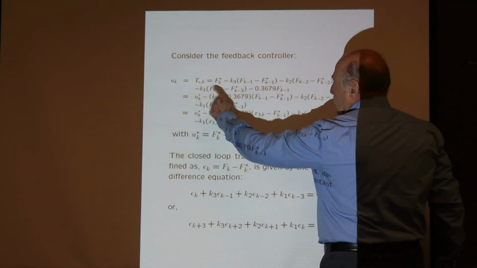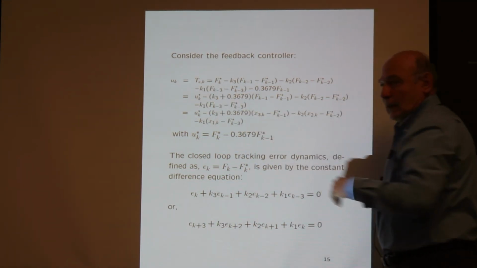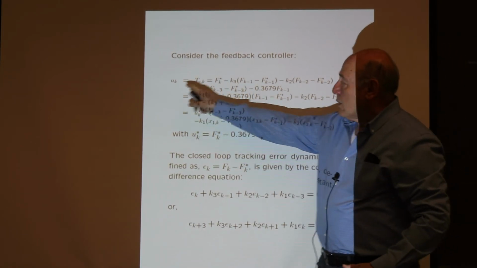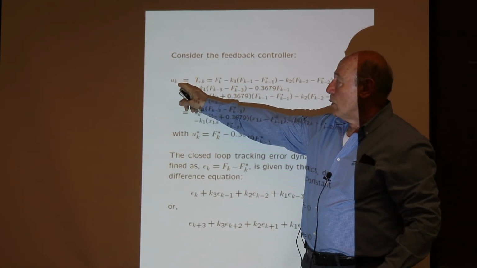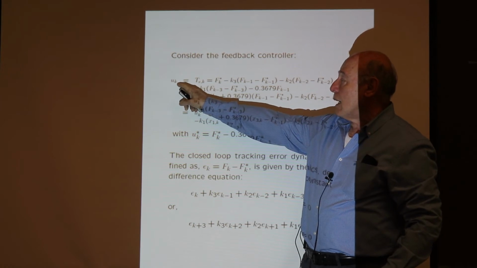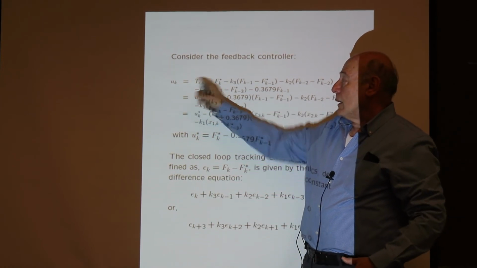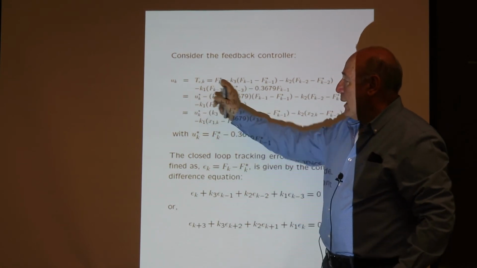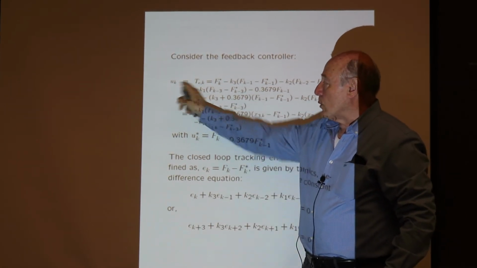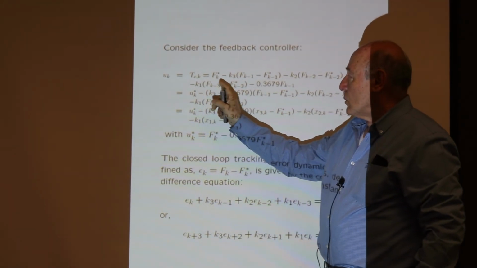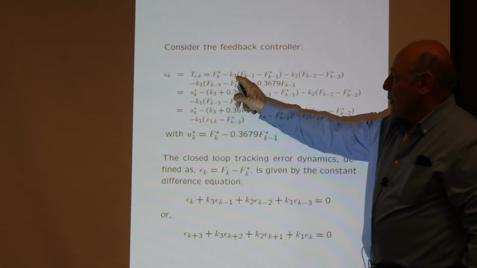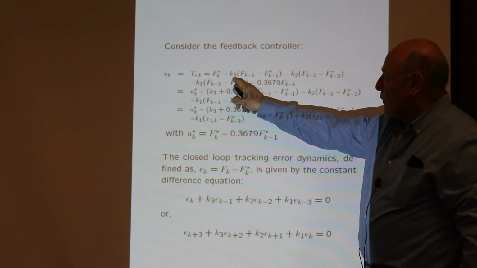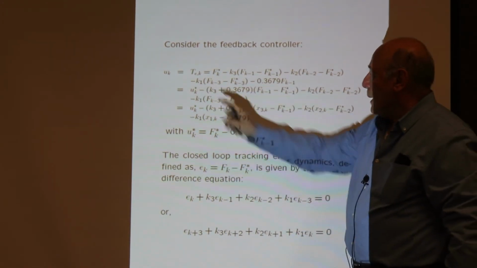So u will first have a precompensation of the nominal flat output, and that will subtract from the actual flat output at time k plus 1, or at time k, and that will produce the tracking error at time k, when you use this first term in your controller. Then you're adding a linear combination by means of these coefficients k3, k2, k1.